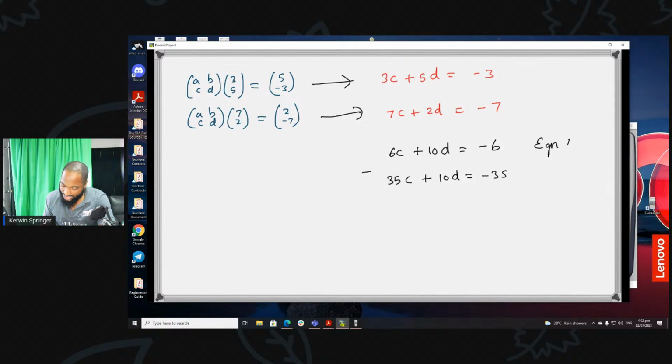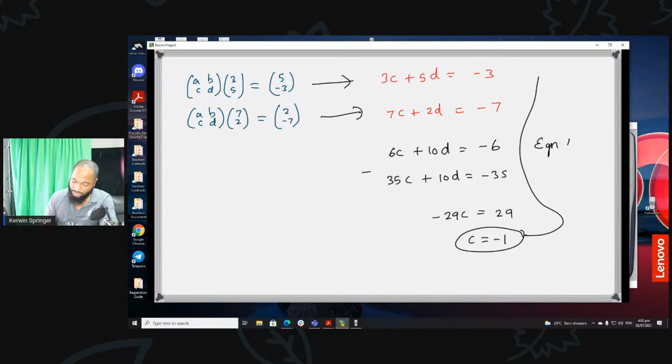We're going to get negative 29c is equal to positive 29. 6 minus 35 is negative 29. This means c is equal to negative 1. And when we substitute the c back in this equation, we will get d being equal to 0. You'll solve that through and you'll get d equal to 0.